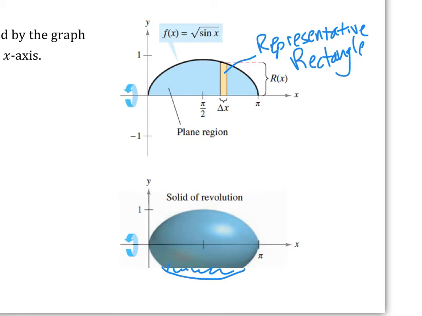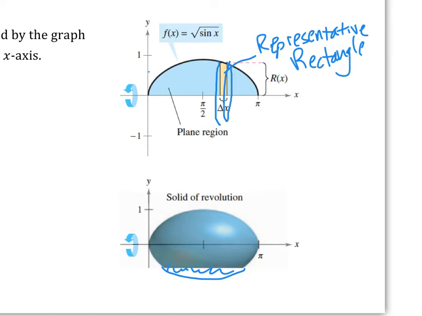If we were revolving this around the y-axis, then we would need to think about a whole different rectangle, and that would get a little more complicated. We'd be looking at rectangles like this, and that would be a different story. So this is the rectangle we're looking at. As we revolve it around the x-axis, this rectangle is going to become a disk.